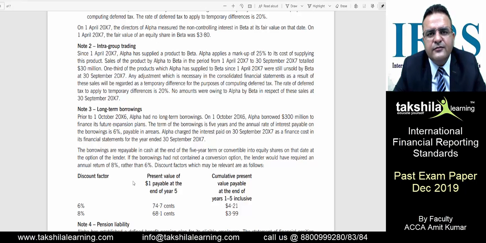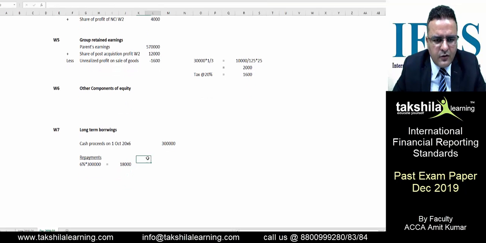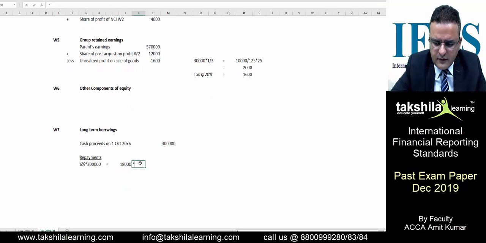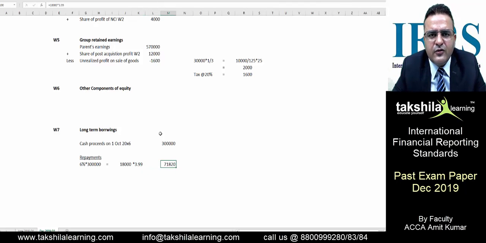But if the same would have been borrowed at market rates of interest, what would have been the present value of all these payments? So 18,000 being paid at the end of each year for a period of 5 years. What is the present value of these constant cash flows? Since there is a constant cash flows, we can use an annuity table to know the present value. So 18,000 into 3.99. This is the constant cash flow present value of all these payments over a period of 5 years.